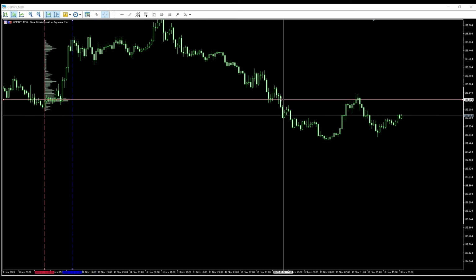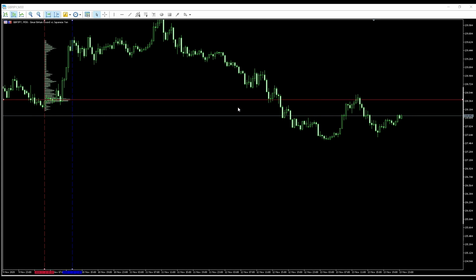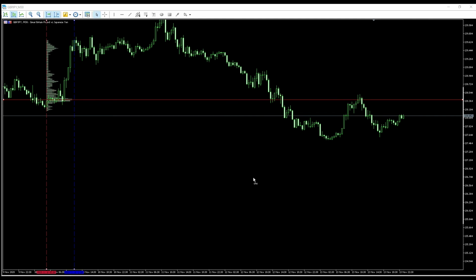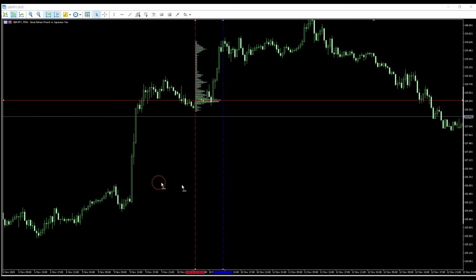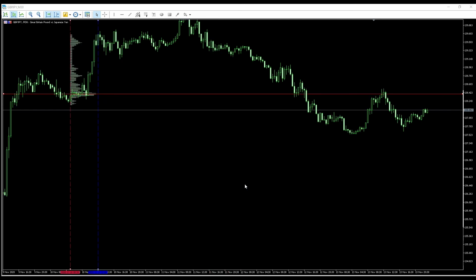Even if it was 15 pips or 10 pips, price went down by about 8 point something pips, so we'll be in profit. Just look at the time from there to there. Doesn't matter how long it takes. Markets have good memory.